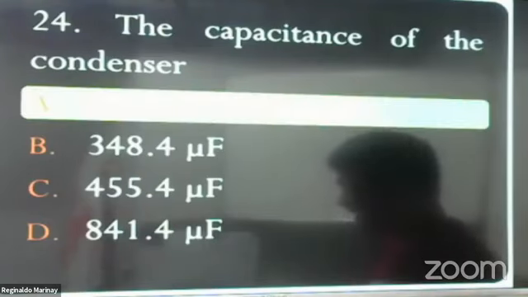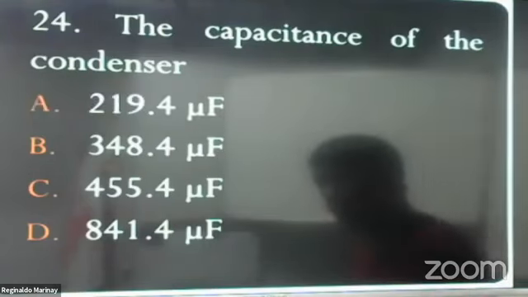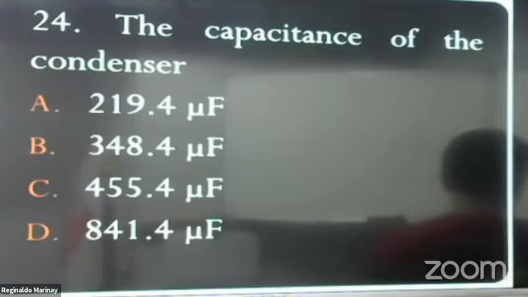Letter A. Very good. So the answer will be 219.4 microfarad. That is the answer, letter A.